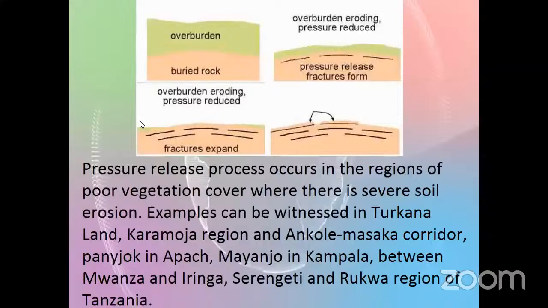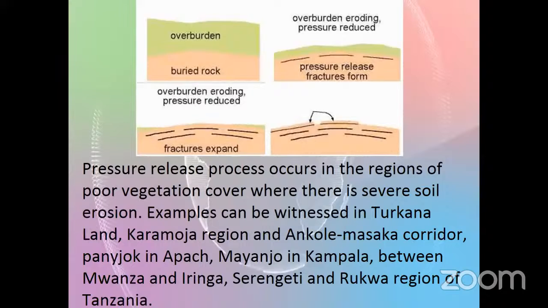Okay, here we are looking at pressure release, that this process occurs in regions of poor vegetation where there is severe soil erosion. Now you find that maybe it's like a hill and then you have too much vegetation covering there. So it means that with time, soil erosion is going to erode the vegetation on top.